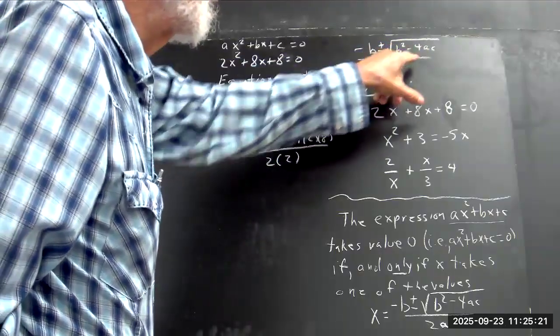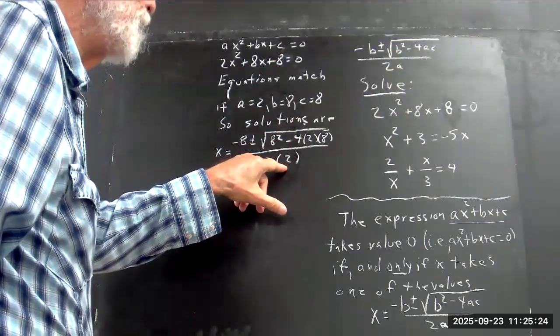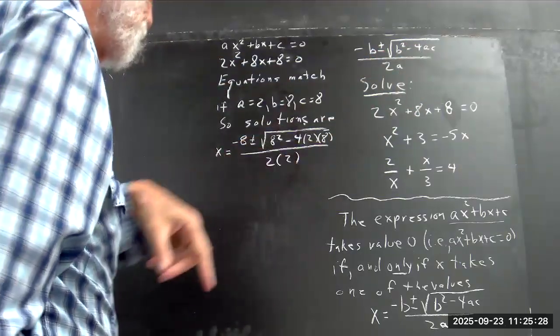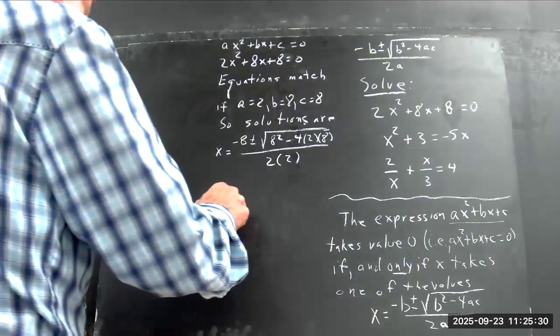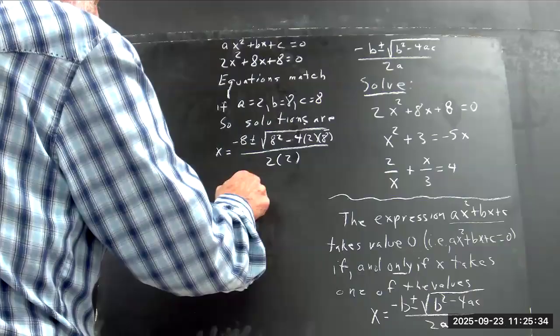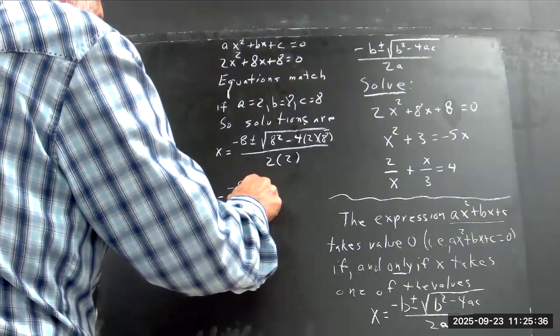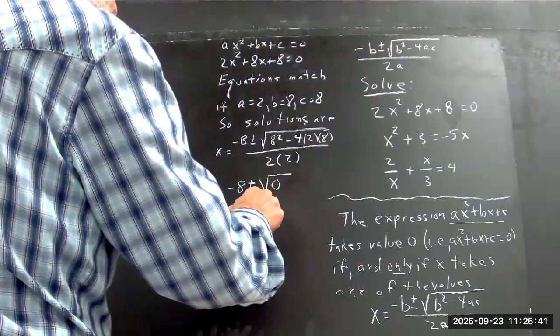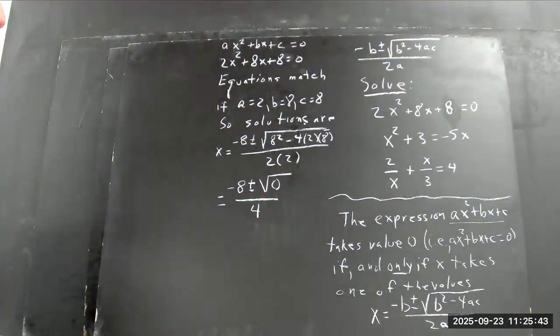I've replaced the a's here and here by 2, and c by 8. Now, arithmetic is pretty easy. This is going to be negative 8 plus or minus the square root of 0. All that divided by 4.